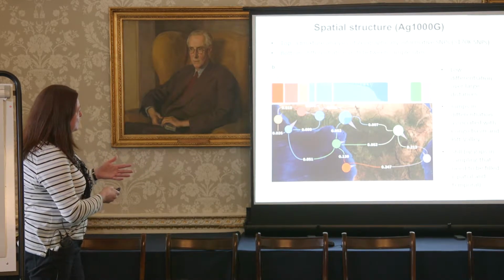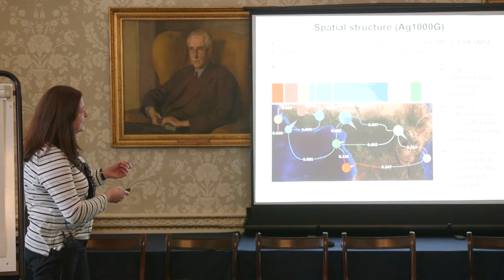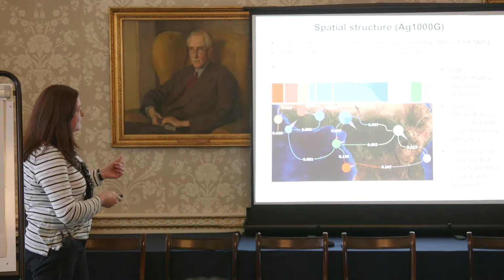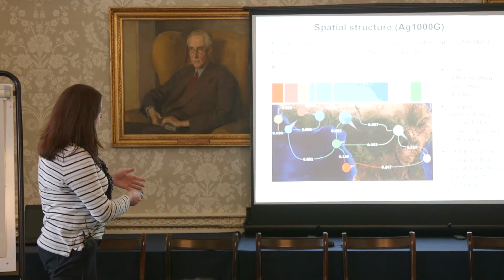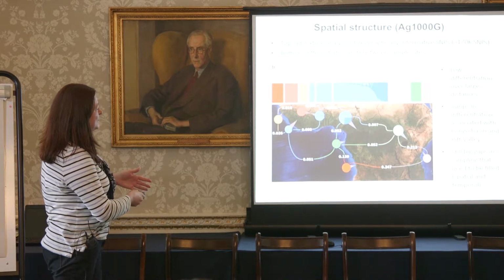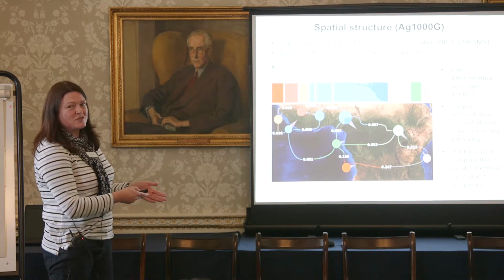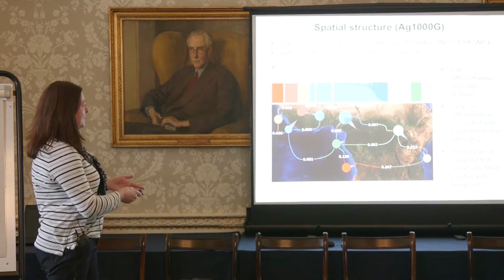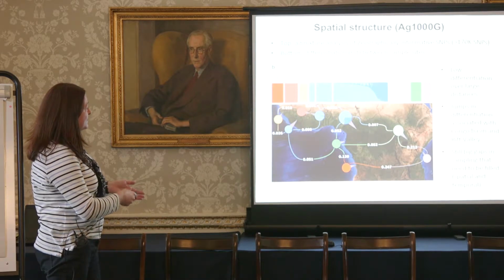And along the bottom here, this shows the actual sample sites with pie charts that are colour-coded according to these clusters. The take-home message here is that these three populations mostly cannot be distinguished from each other. And this is actually a distance of around 3,000 kilometres. So there seems to be very little barrier to gene flow across this region.